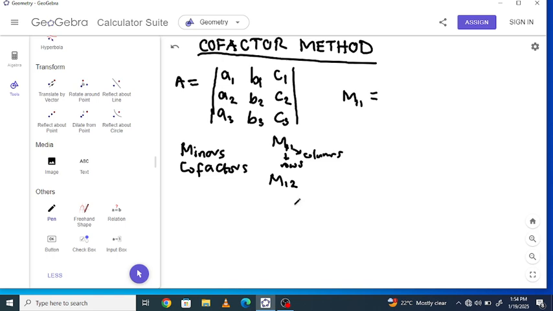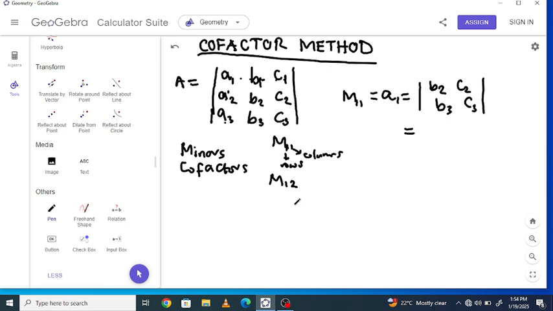In our case, our M11 is A1. It will be equal to A1, and it's gotten by deleting the elements in the row and in the column of our A1. So when you delete the row and the column, you're going to be left with a 2 by 2 matrix, which is B2, C2, B3, C3.